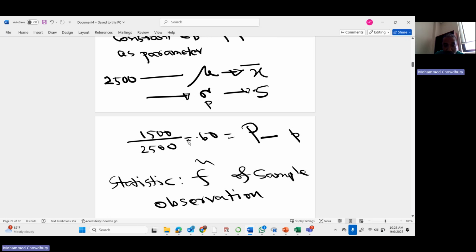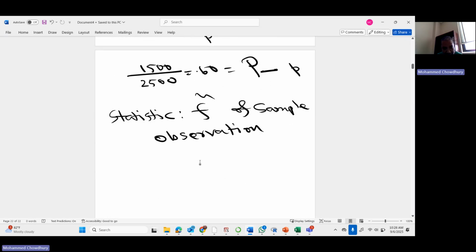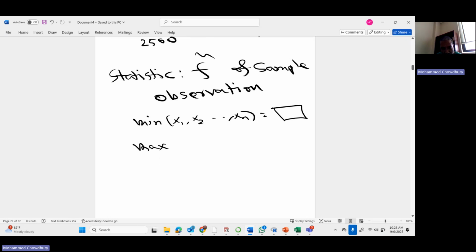For example, the minimum or maximum of x1, x2, up until xn is a function of the sample observations. And if I find 1 over n times the sum of the x's, which is known as the mean, this is also called a statistic.